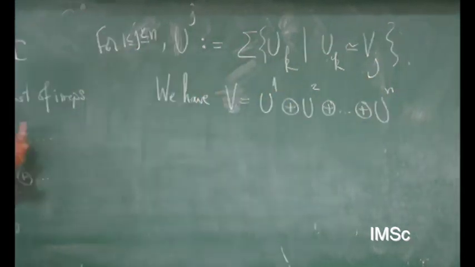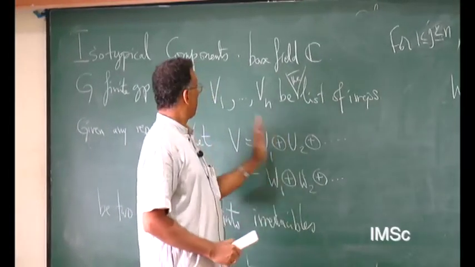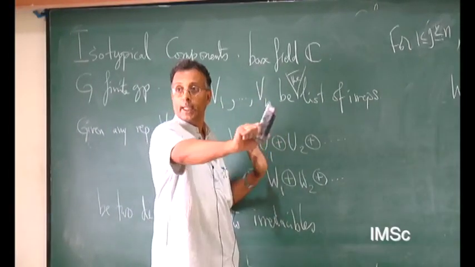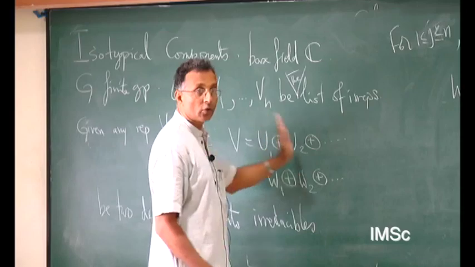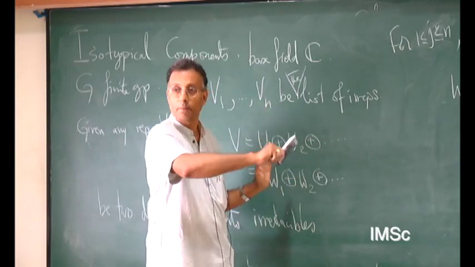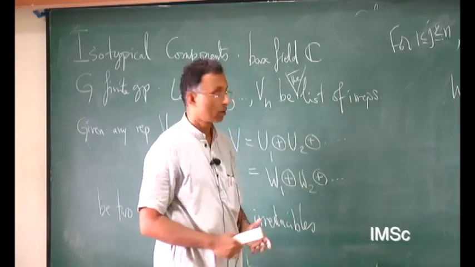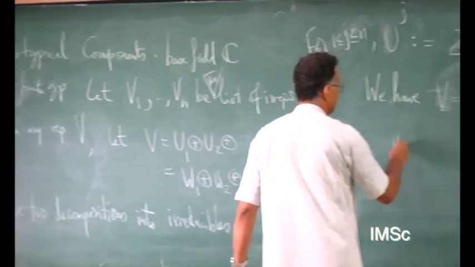Because I just divided these up into n sets, those that are isomorphic to V1, those that are isomorphic to V2, I just arrange them and then take the sum. Okay?